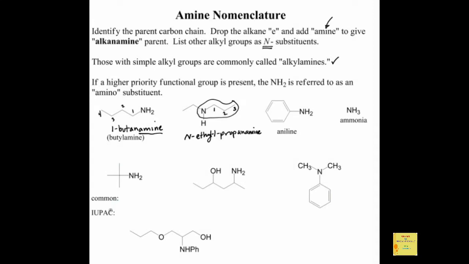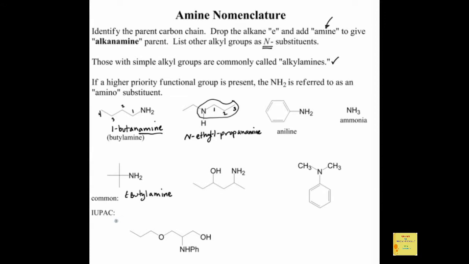This is another one that has a very simple common name. How would you describe the alkyl group attached to the nitrogen in this case? It's 4 carbons arranged, attached to the middle carbon. This is the t-butyl group. So we could just call this t-butylamine as a common name, t-butylamine.